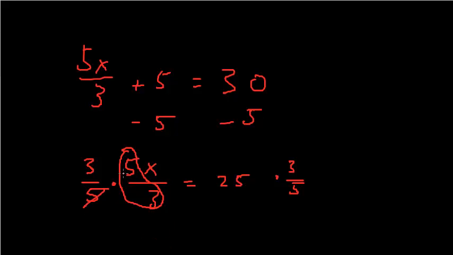Here, 5 and 5 cancel out, 3 and 3 cancel out, leaving me just with x, and 25 times 3/5. If I want, I can change this into a fraction to make the multiplication a little easier. There's a common factor of 5 here, and I have 15 is equal to x.